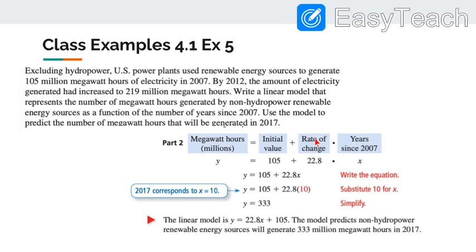We use both those ideas, so we have our initial value and we have our rate of change here, and we're given this. Now 2017 is 10 years after 2007, so that's why we're plugging in a 10 into our x value. And this tells us that approximately 330 megawatt hours of electricity is generated in 2017.